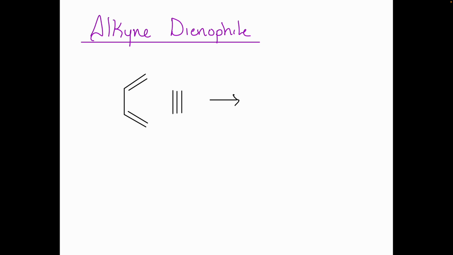All right, so I'm always going to get that 6-membered ring. Okay, if I map my carbons here, 1, 2, 3, 4. 1, 2.